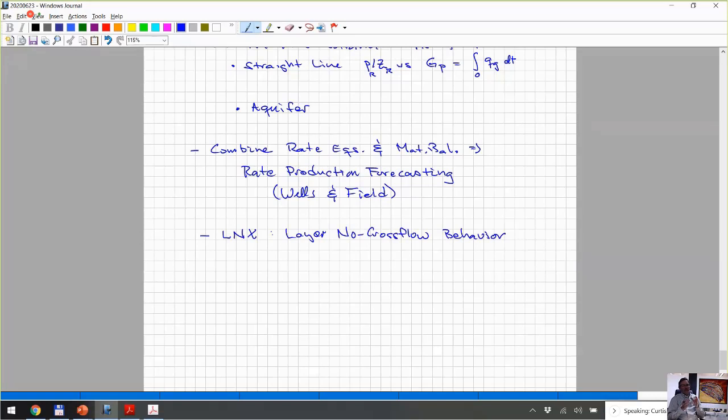The reservoir flow units could be two layers that are not communicating. It could be two fault blocks that are not communicating in a horizontal well. So each reservoir flow unit has its own material balance that's independent of the other one. But the well is connected to two or more of these reservoir flow units.